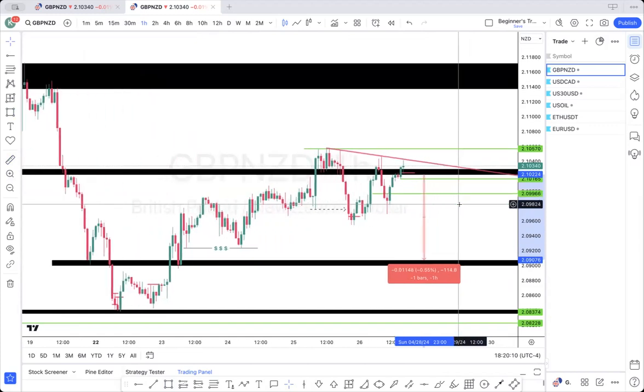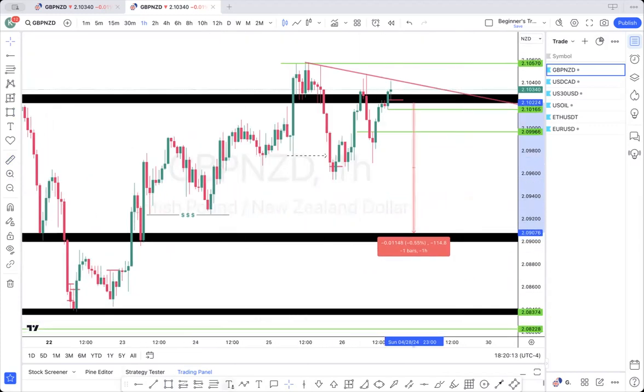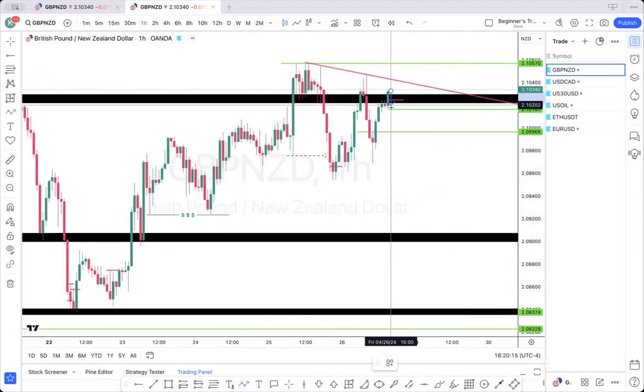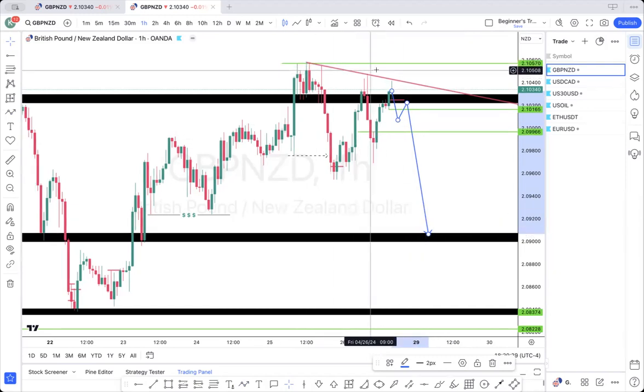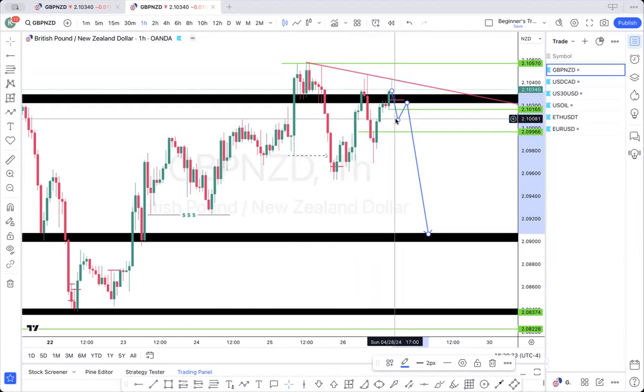But I need to still see this 1-hour break, violation of this order block, to then pull back and then sell to this 1-hour zone. Meaning it's not breaking this high, it's not breaking this high. It's starting to break structure to the downside. So I would wait for this to pull back, or set a limit.